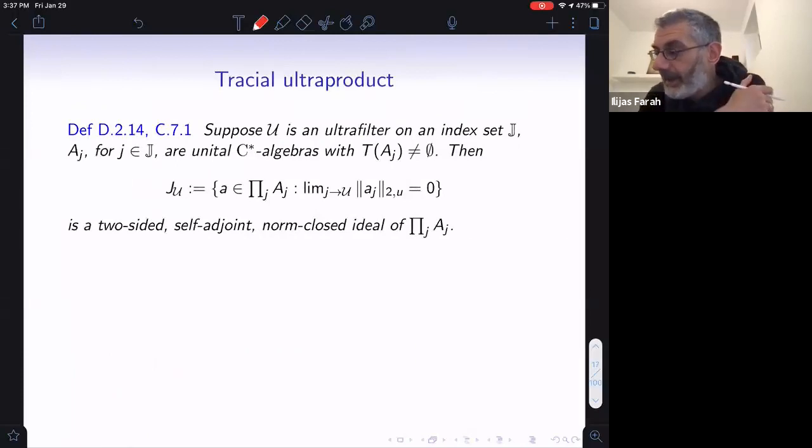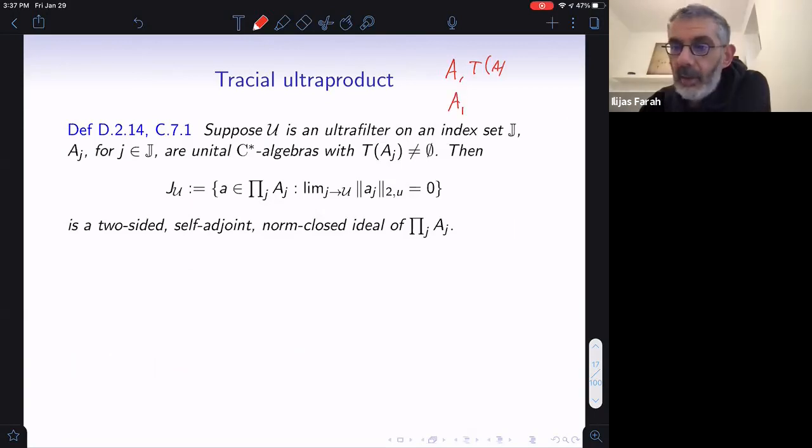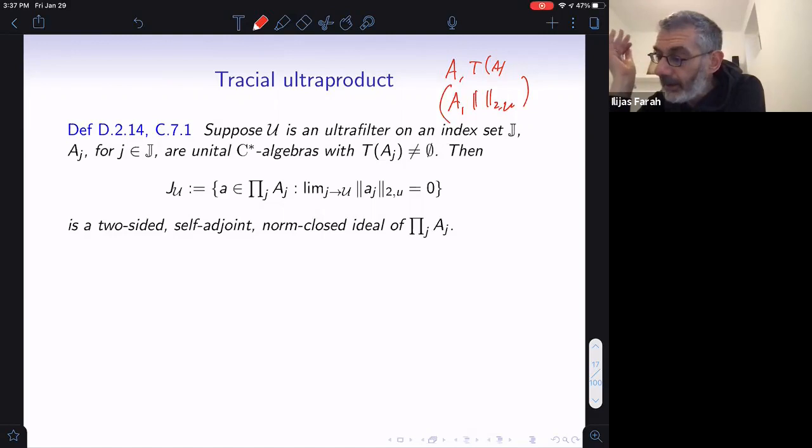Okay, and now we come back to ultraproducts. So what is the idea here? Well, I have my C*-algebra A, which has this tracial space. And now I just discard the operator norm and look at it as a structure with respect to the uniform norm, and just apply the model theoretic machinery to this.